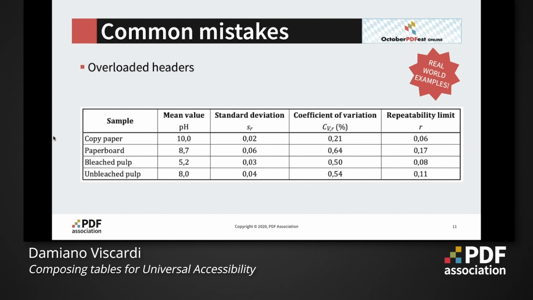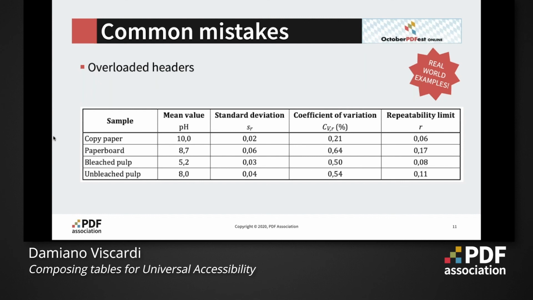This is a very common mistake, and sometimes grows up to very complicated headers. Again, the header should be made of one row, really describing the content of the column without adding too much information.